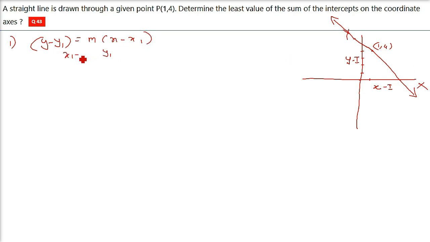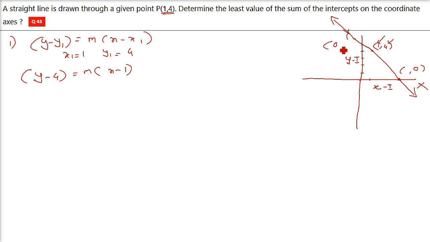We already have it: x1 is 1 and y1 is 4. It's already given in the question, so we are putting it in the equation. The x-intercept is basically a distance from 0, 0; we know that on the x-axis y is 0, and on the y-axis x is 0.